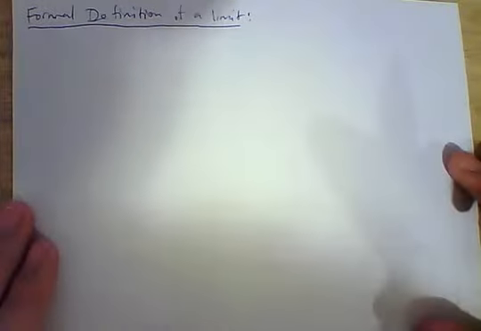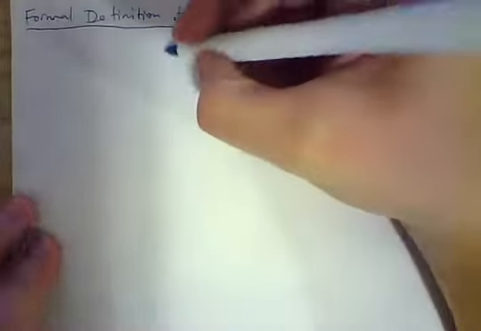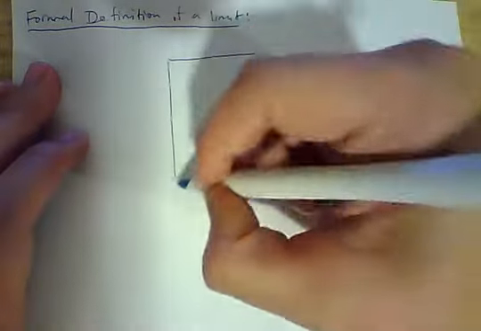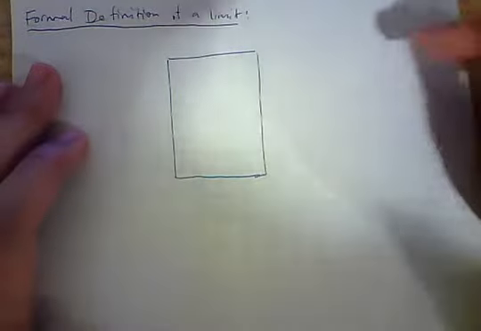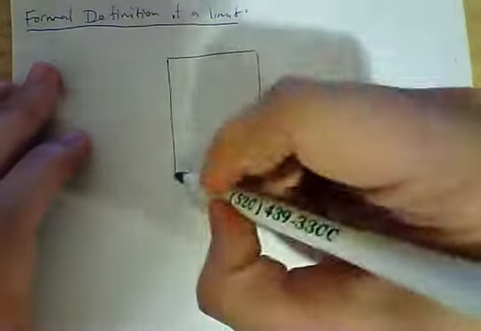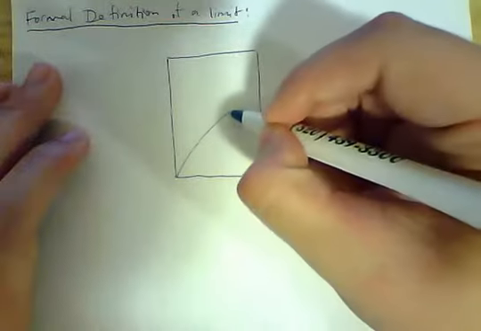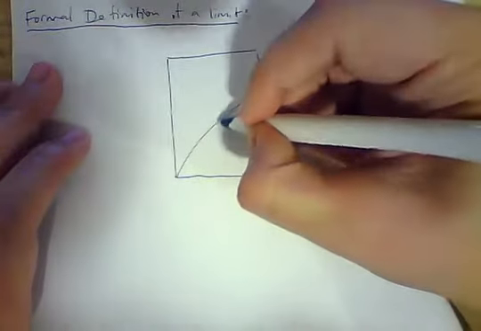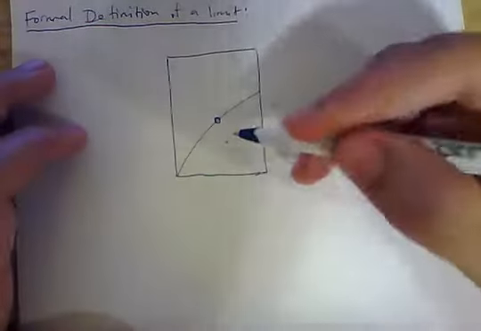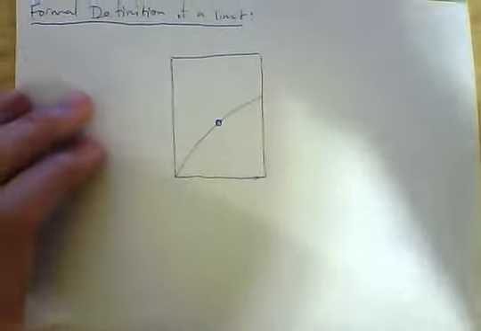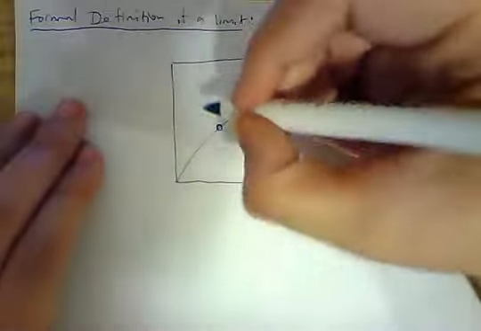Alright, so to begin, what I'd like to draw for you guys is a little picture. So we'll just draw a little box right here. And then say we had a graph f of x, right? This curved line. And then we had that point on that line. And say this is what we want to find. This is the point that we want to find the limit of.